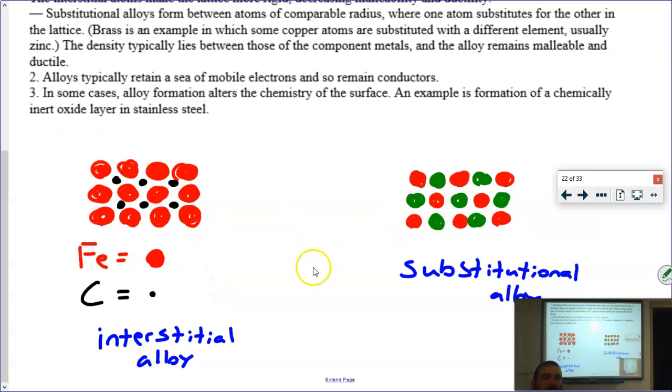Which of these would be easier to manipulate? It's got to be the substitutional alloy. The interstitial one is very, very strong and very rigid. When you fill these little gaps with other atoms, it's almost like it's locking it in place.